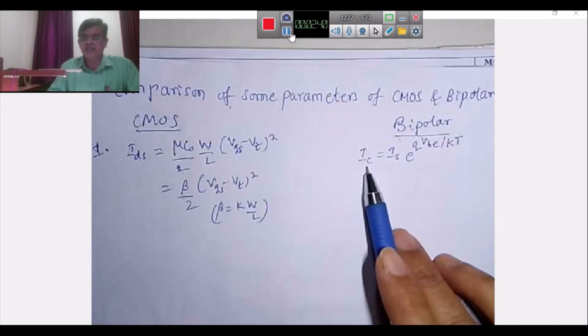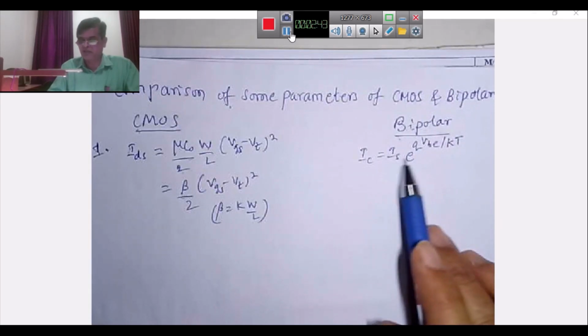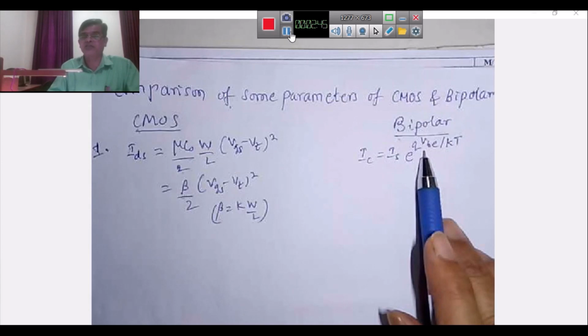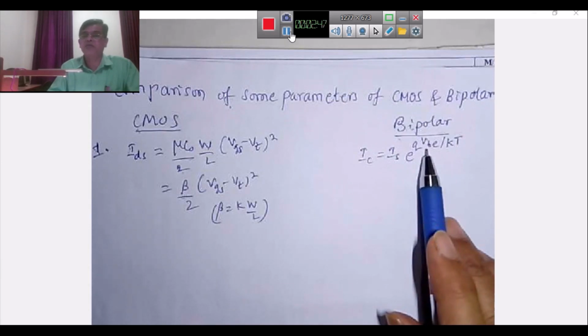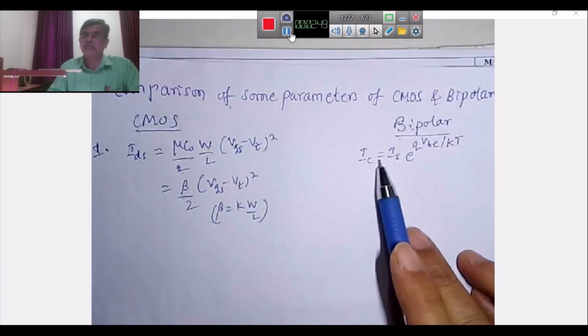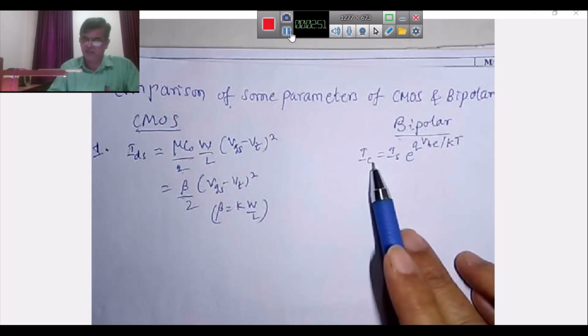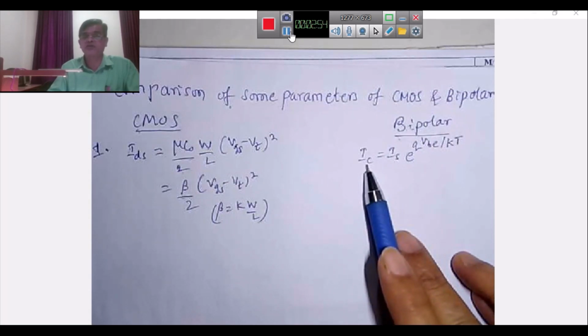IC is exponentially related with VBE in this case. That's why when IB varies, your IC varies exponentially. So this is the expression for IC in case of BJT.